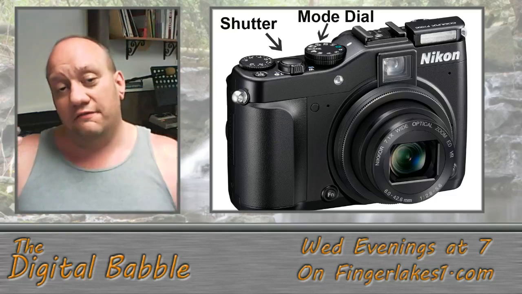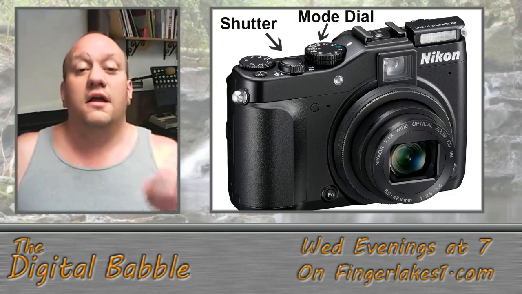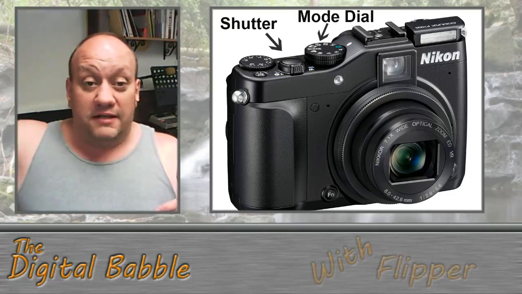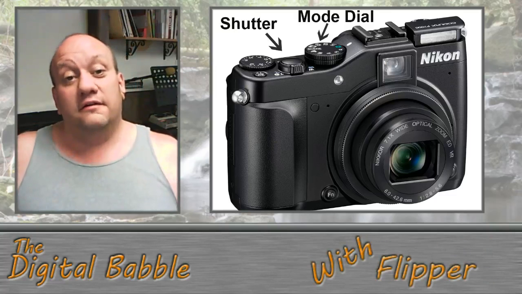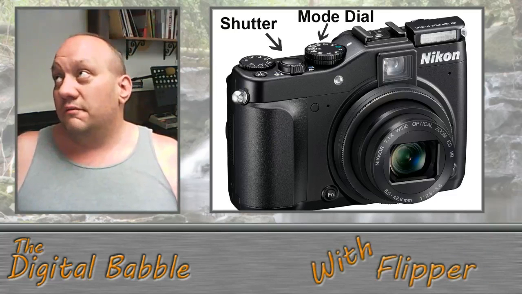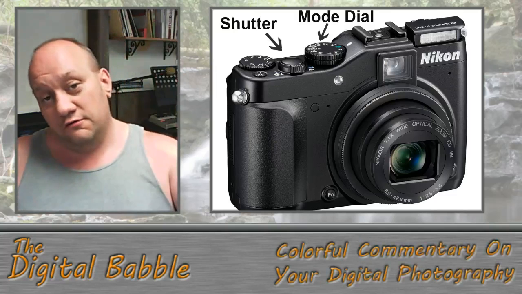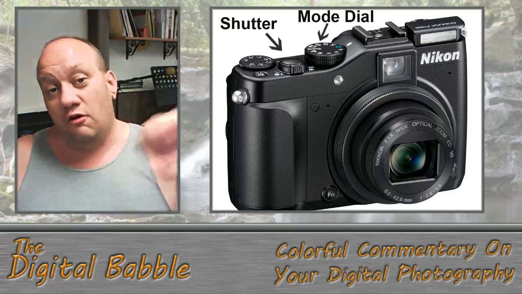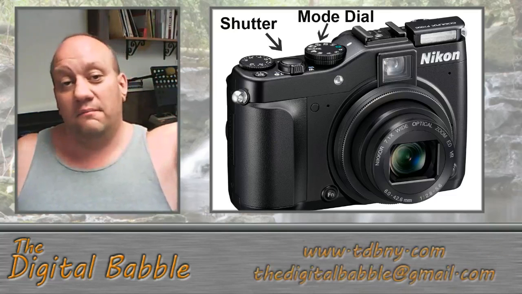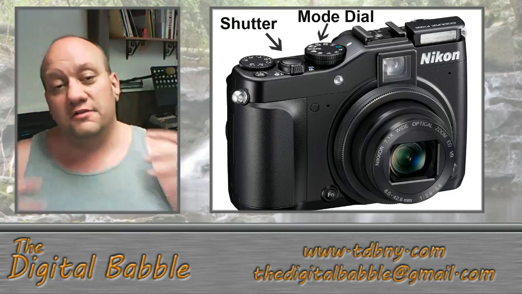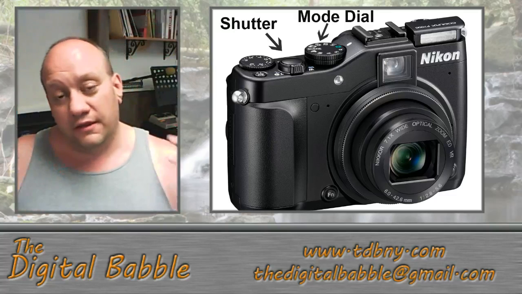I can soften the background just with a point and shoot. Going back to my SLR, I've got a 70 to 200 f2.8. So I go out to 200 millimeter and the background's totally blown away. It's just nothing but blotches of color, and the subject is tack sharp, and they look really, really hot.